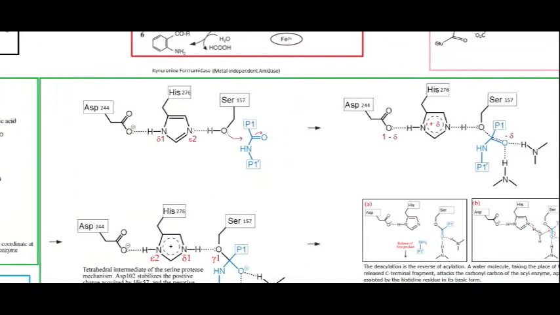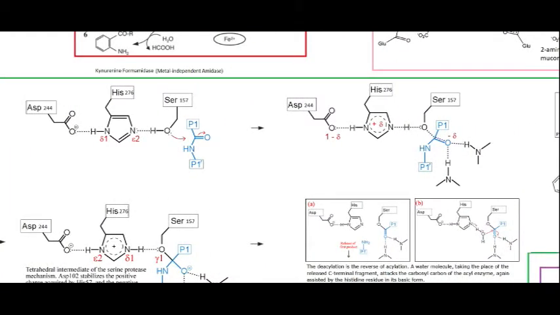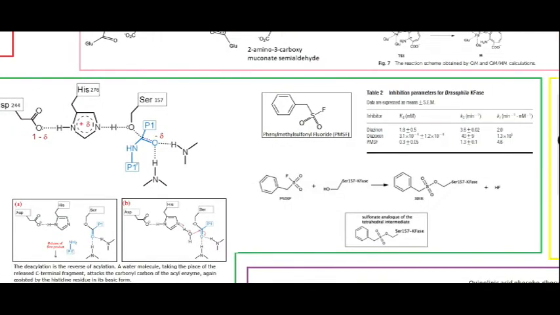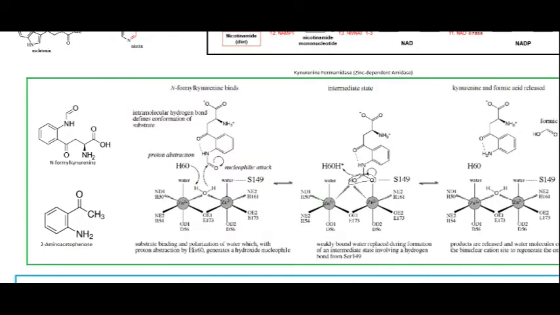The zinc independent actually uses this catalytic triad that you find in quite a few enzymes that actually break these types of bonds here, these peptide bonds, which is essentially what that is. So the structure, yeah, right here.